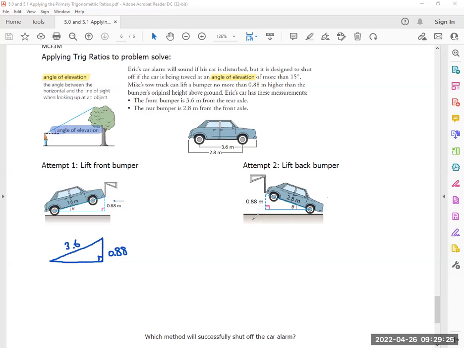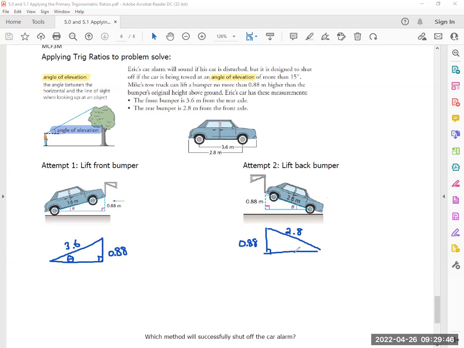If the tow truck uses the butt of the car and lifts it up, then the triangle is going to be 0.88. And because the textbook told me about the distance from the bumper to the front wheel, the hypotenuse is going to be 2.8.